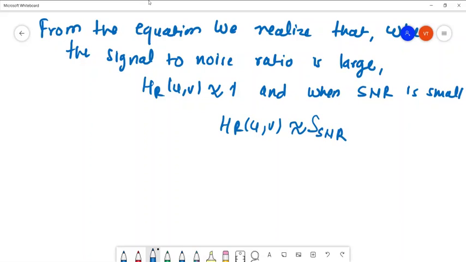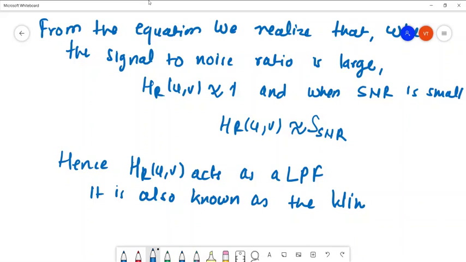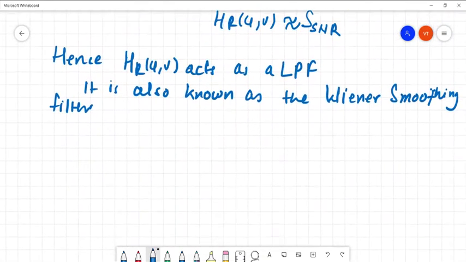Hence Hr(u,v) acts as a low pass filter. It is also known as the Wiener smoothing filter. Okay.